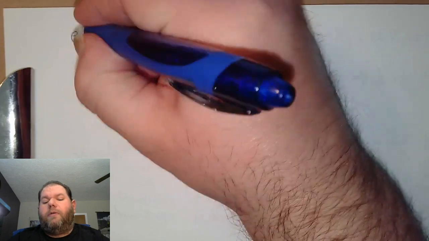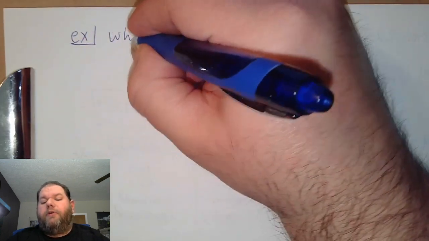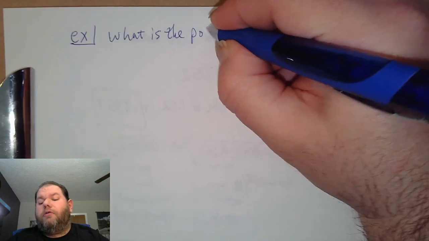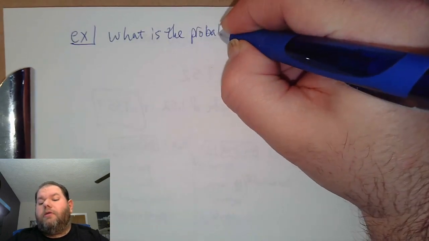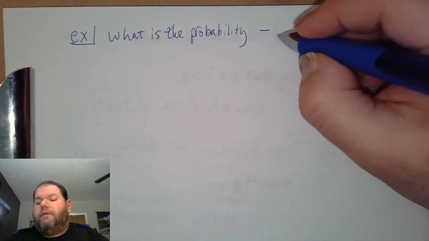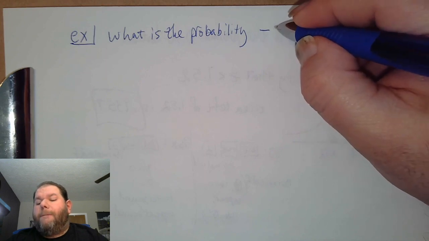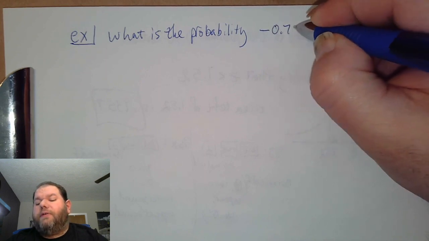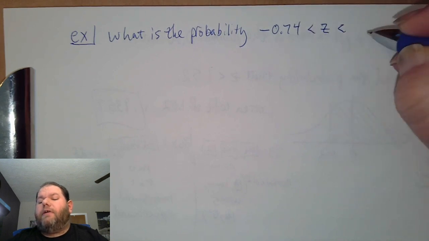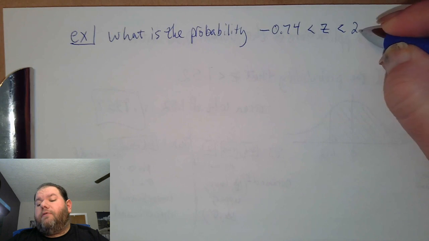Let's look at another example. What is the probability that negative 0.74 is less than z is less than positive 2.19?